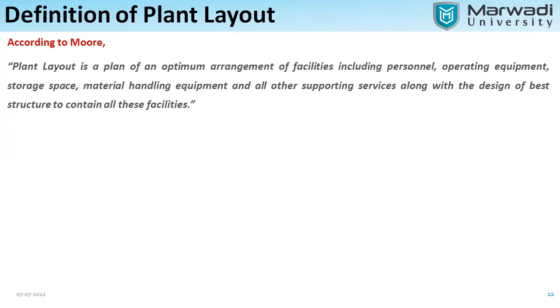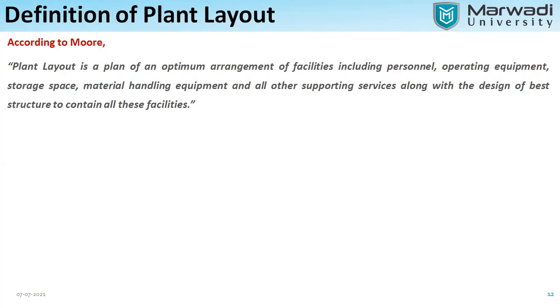So what basically is the plant layout? What is the definition? According to Moore, plant layout is a plan of an optimum arrangement of facilities, including personnel, operating equipment, storage space, material handling equipment, and all other supporting services, along with the design of the best structure to contain all these facilities.